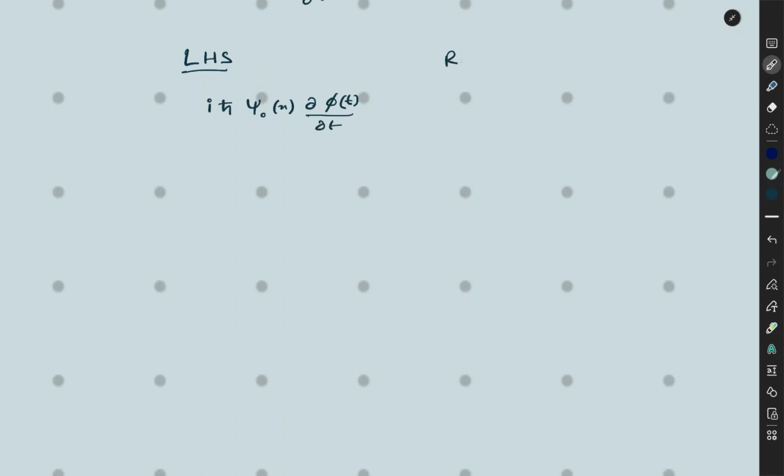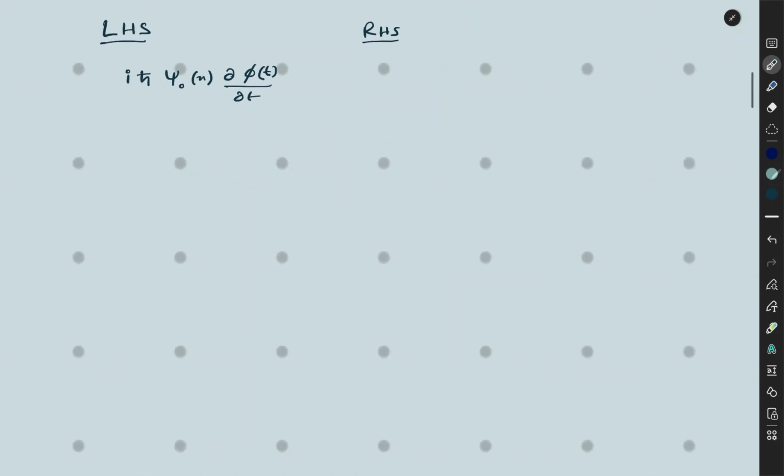And in the RHS we get the Hamiltonian operator, which now ignores time because it treats it as a constant. Therefore we get phi of t into Hamiltonian of psi naught of x.